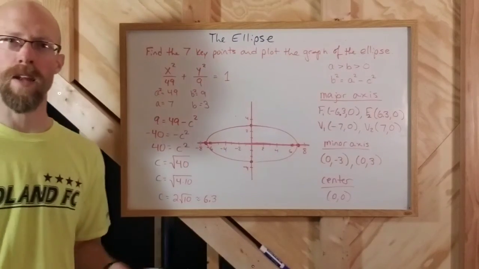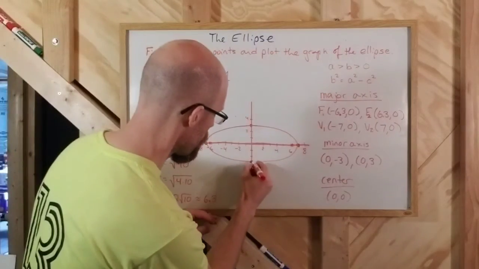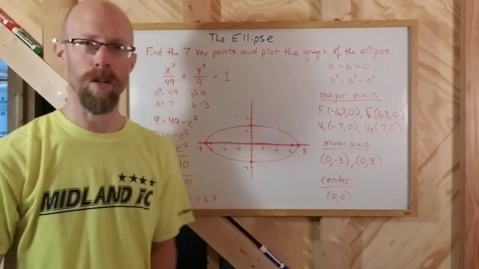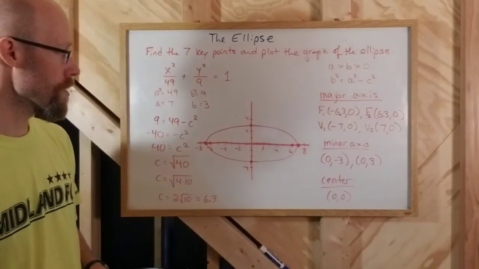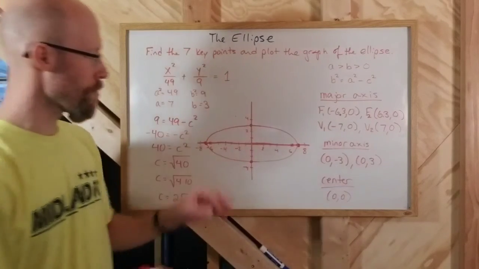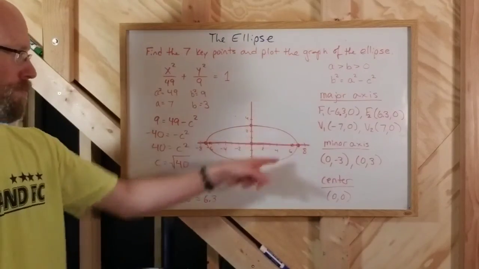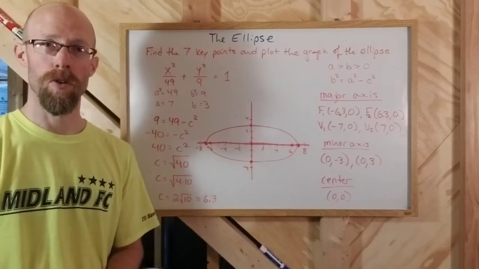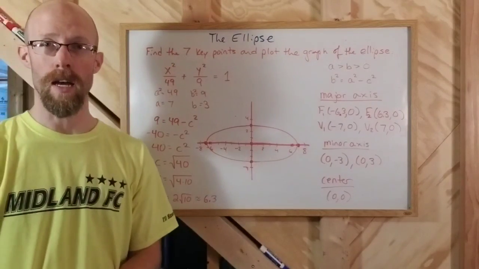All right, that's not too bad. I usually do those in quarters just to get the shape pretty good, and try to get some symmetry going there. And so that gives us all 7 of our points. I did not plot the center, that's in there as well. And so I've plotted all 7 points. I've got my ellipse drawn in, centered at the origin, with the major axis along the x-axis.